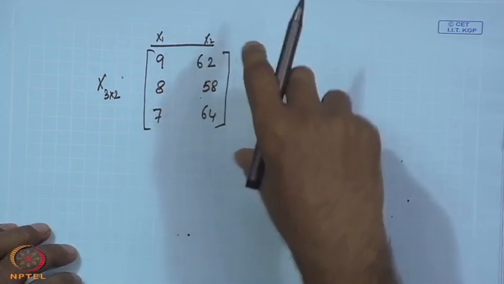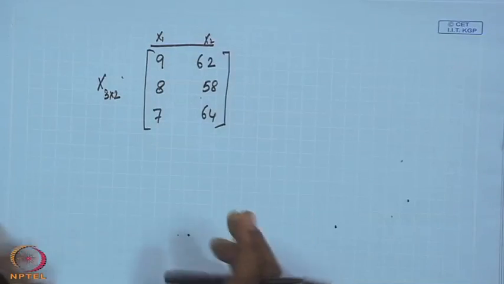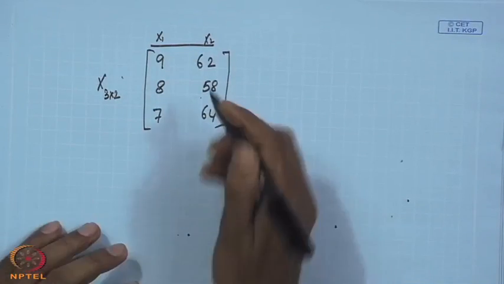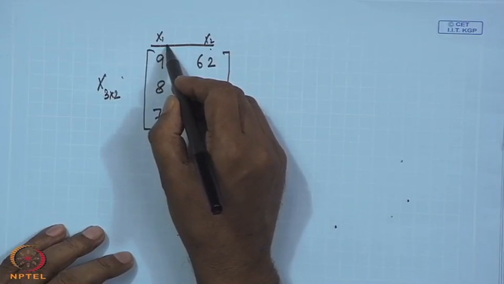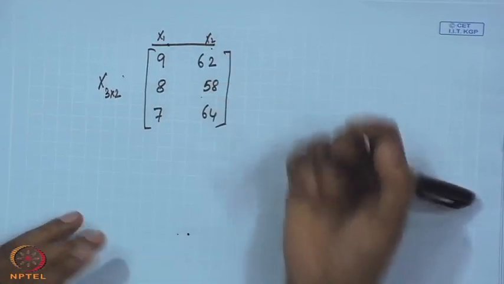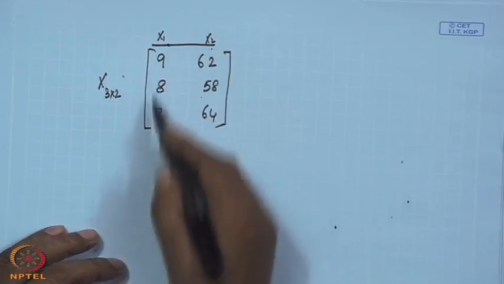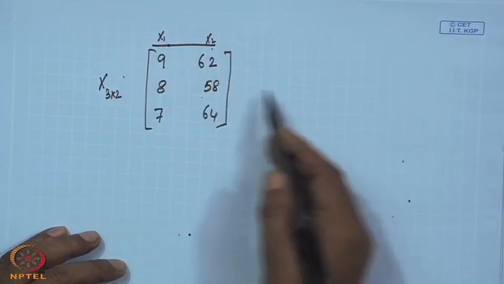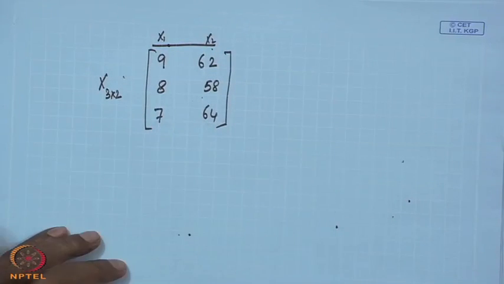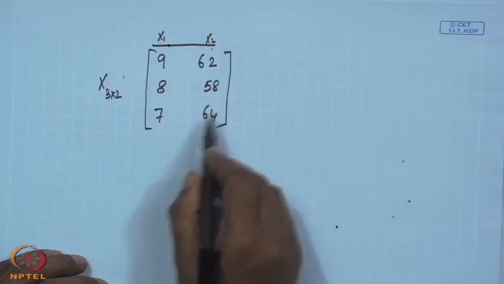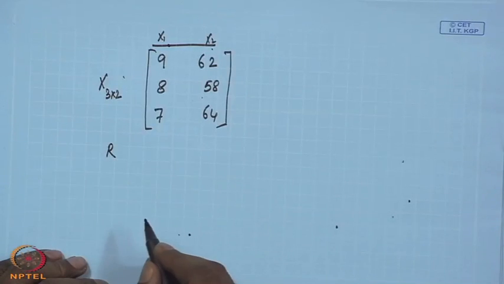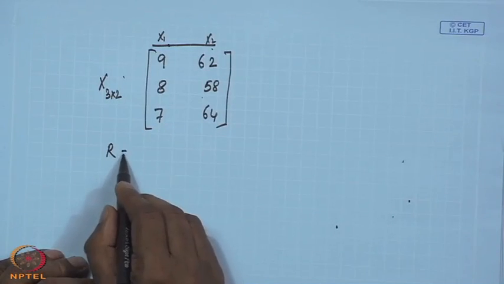One way is to regress x2 on x1, as only 2 variables are enough, and then find out the VIF. The other way, as I said, is to find out the R value. How do you compute R here?